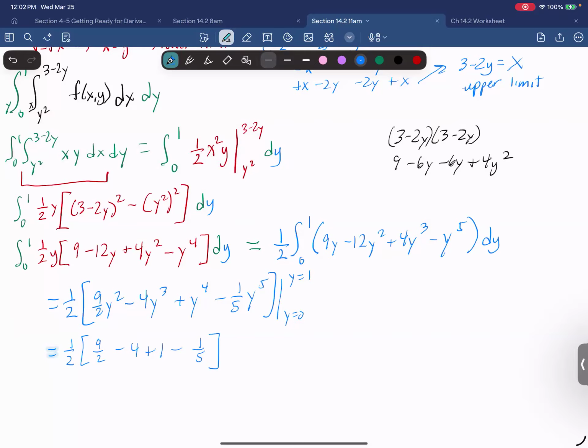No, yeah, 1/5. No, what's 1/6? Should have gone up to 1/6. I was looking at the wrong thing. That goes to 1/6. Y to the sixth, which makes that a 6.